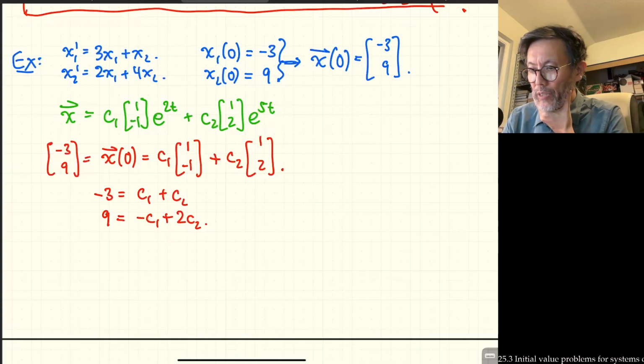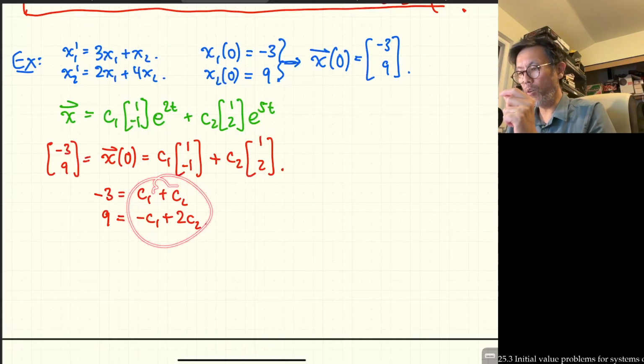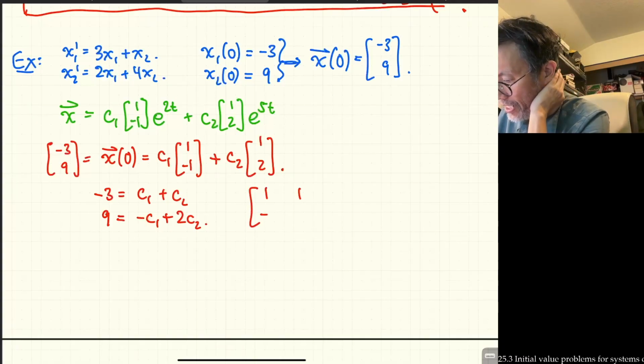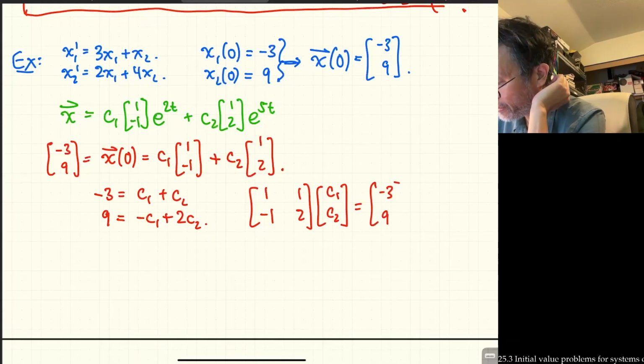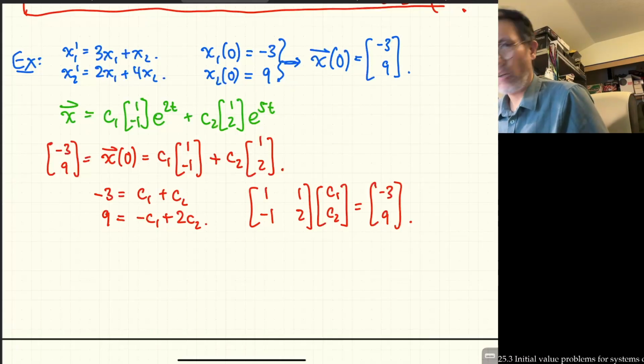It's got a matrix here, the matrix 1, 1, negative 1, 2, which when multiplied by the vector containing c1 and c2 is equal to negative 3, 9. So we can solve this linear system for c1 and c2 using matrix methods.